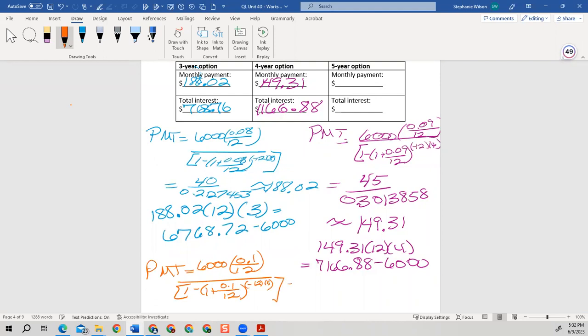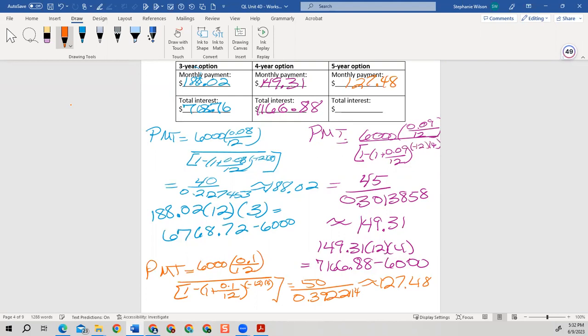That gives me a payment of 50 over 0.3922114, which is $127.48.